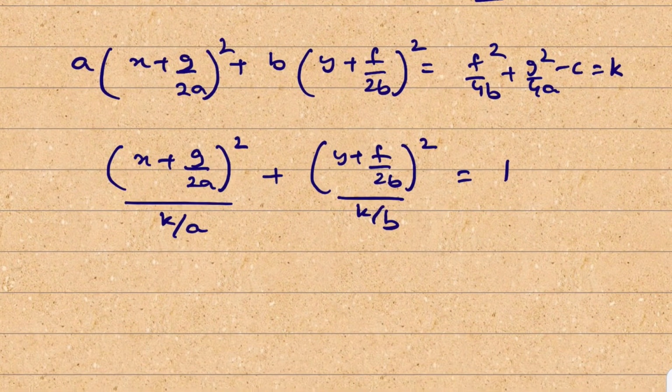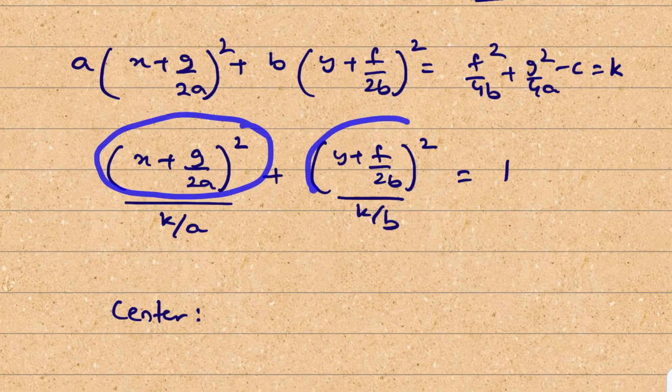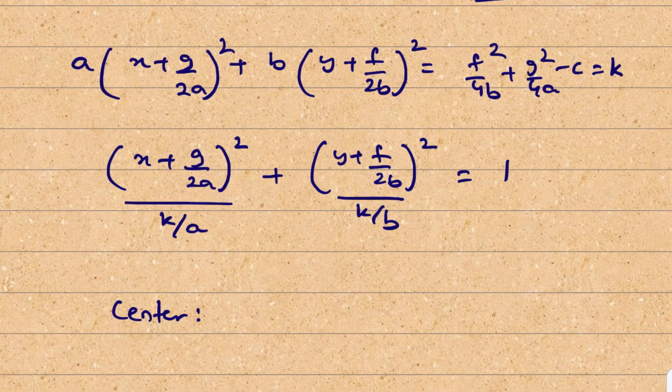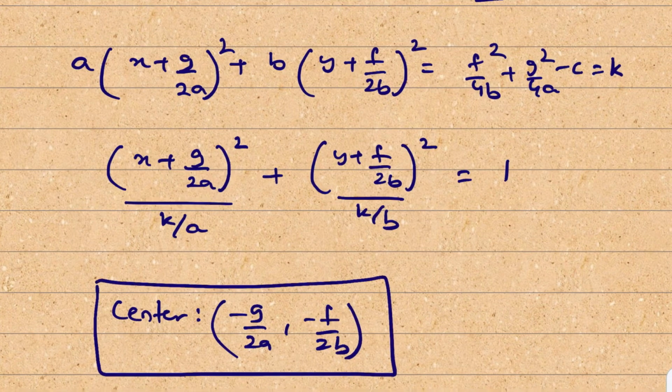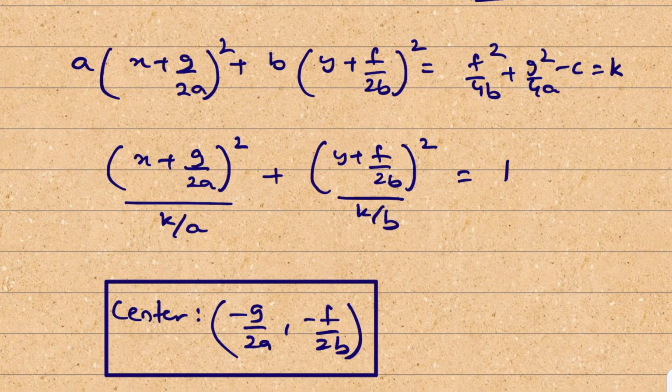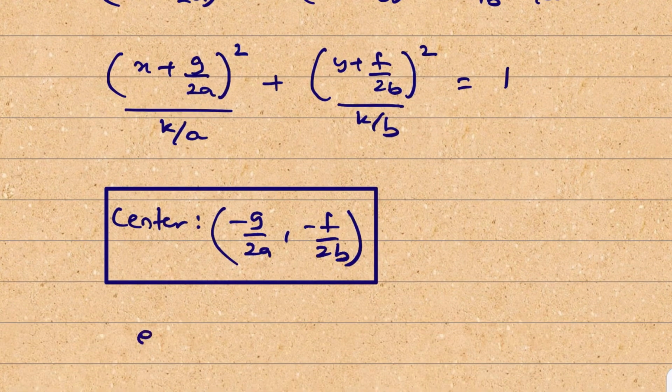Now we can easily see that the center is obtained by equating this bracket and this bracket to 0. So the center should be minus g by 2a and minus f by 2b. This is what we were using in the trick. Similarly, if we want to find eccentricity, so e square is equal to 1 minus b square by a square.